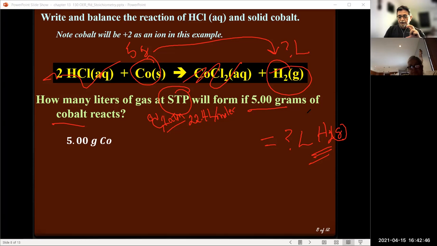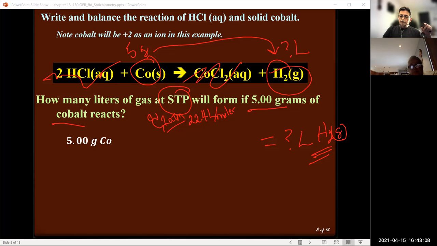Okay. So now I got everything I need. I can start working through the problem. Keeping in mind that I'm in grams, no matter where I go, no matter what I do, I need to convert to moles first. I cannot go from point A to point B, apples to oranges, without starting with moles.